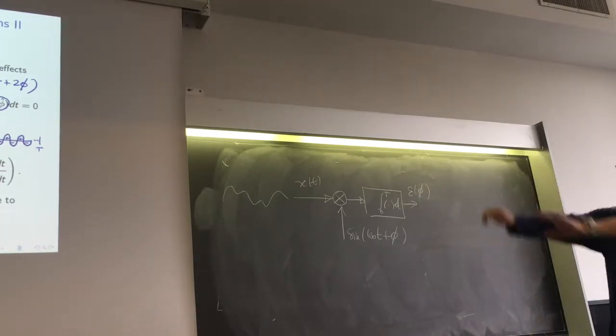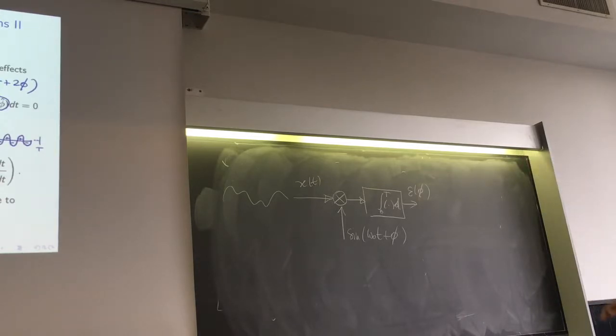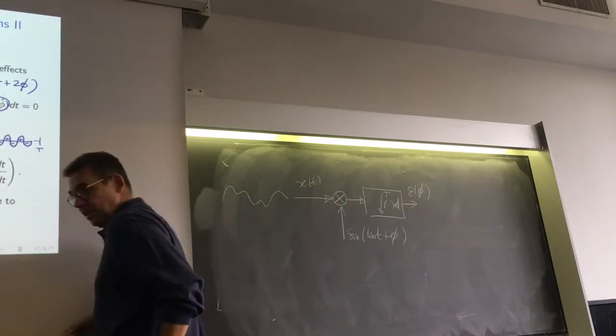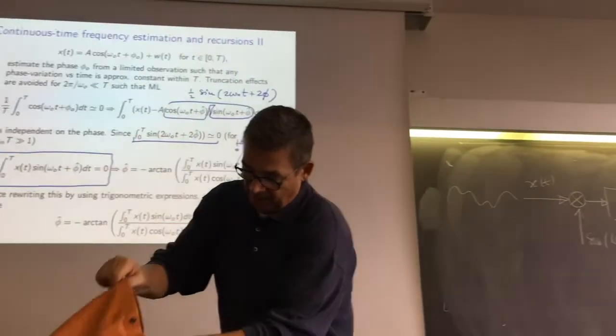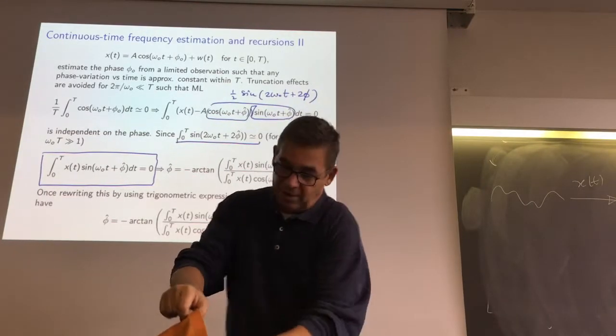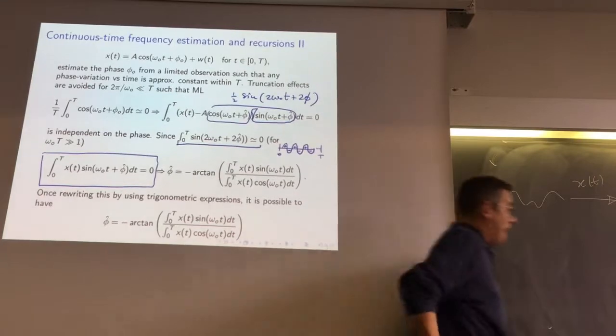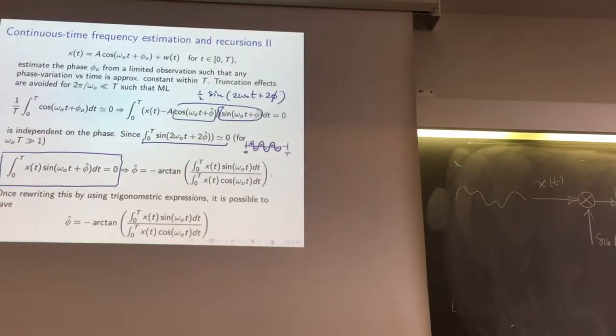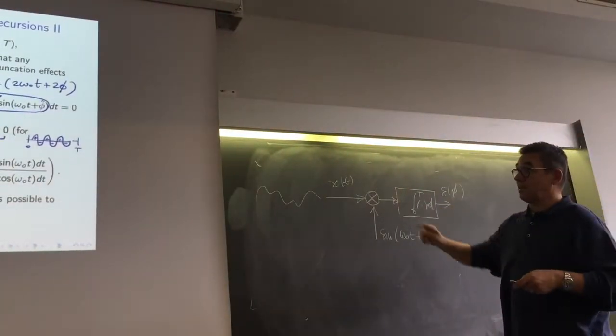I'm simply copying the first equation on the top, on the right, and I represent the equation by a block representation, where every block does the same operation which is mathematically written there.